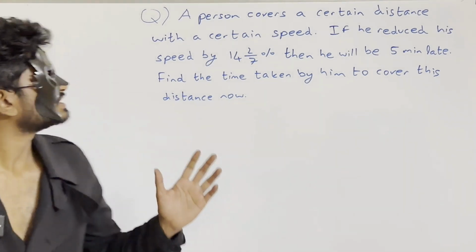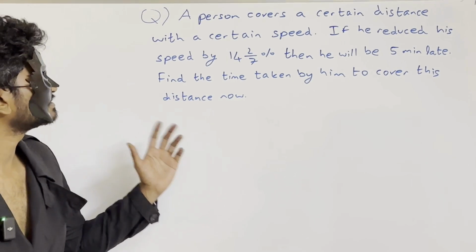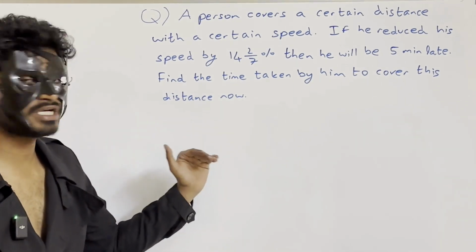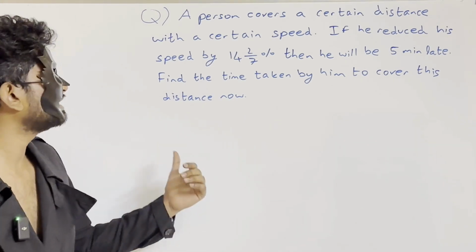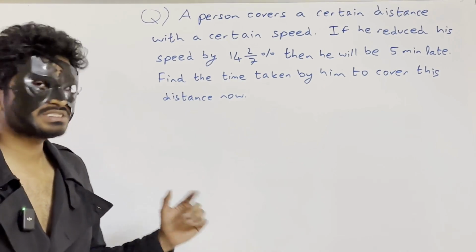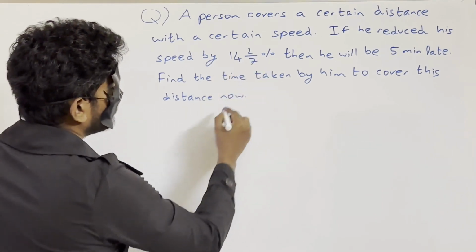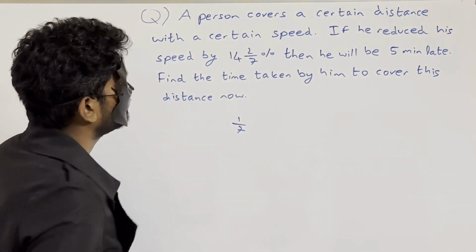So superhumans, next question is, a person covers a certain distance at a certain speed. If he reduces his speed by 14 2/7%, then he will be 5 minutes late. Find the time taken by him to cover this distance now. So 14 2/7% is nothing but 1/7th value.